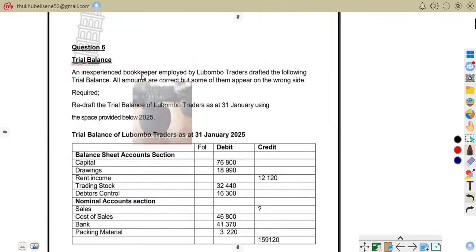As it says, an experienced bookkeeper employed by Limpopo Traders drafted the following trial balance. All amounts are correct, but some of them appear on the wrong side. Required: redraft the trial balance of Limpopo Traders as at 1 January 2025 using the space provided below.